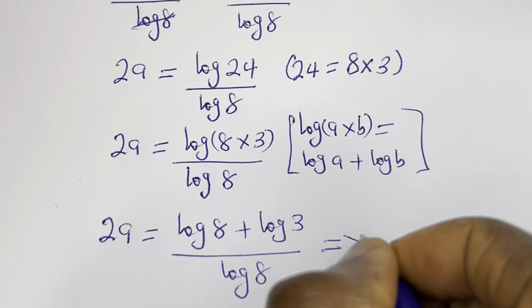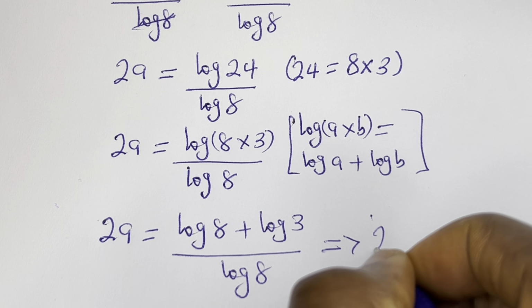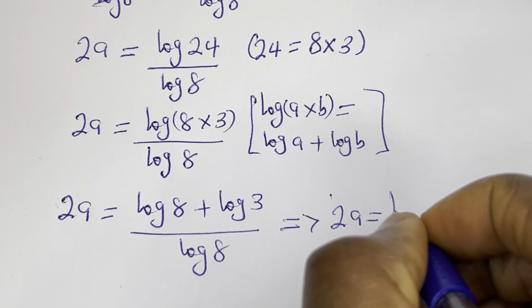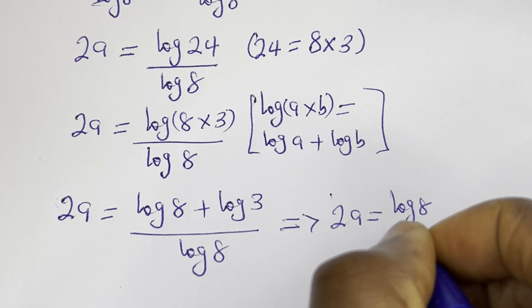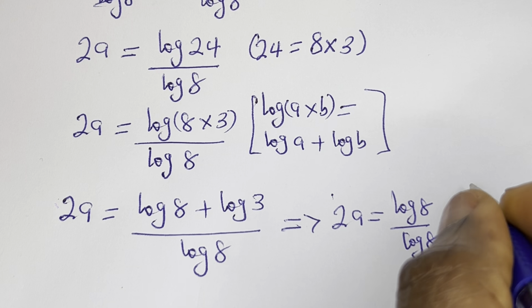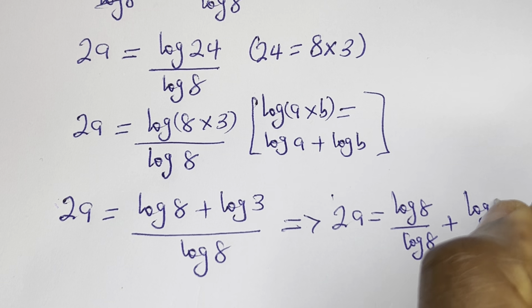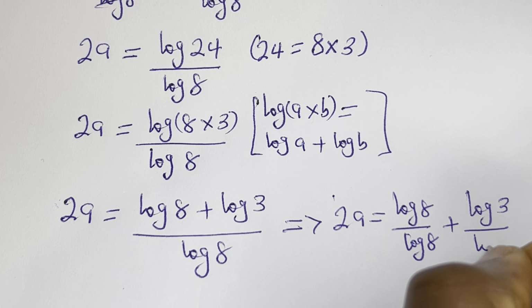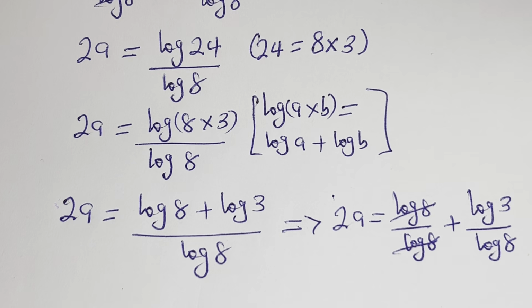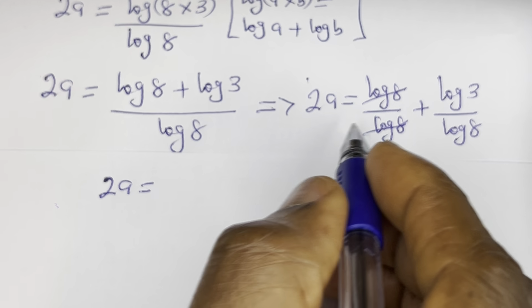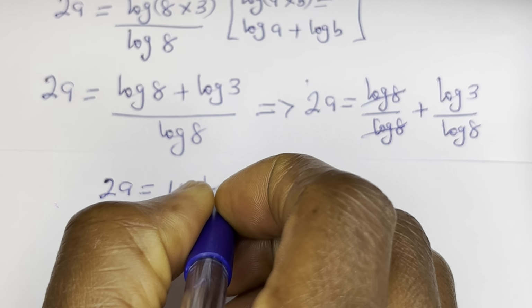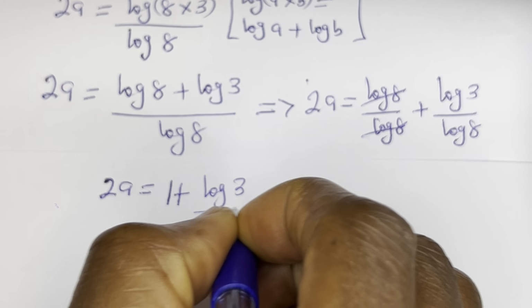And this is 2a is equal to log 8 divided by log 8 plus log 3 divided by log 8. This will cancel this. 2a is equal to, from here, this is 1 plus log 3 divided by log 8.